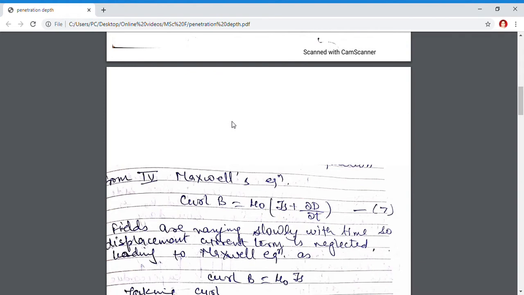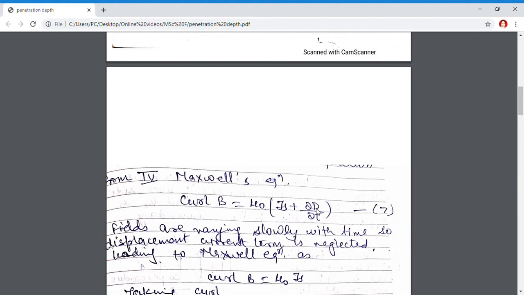For this modification, I am using Maxwell's fourth equation. Maxwell's fourth equation is curl B is equal to mu 0 Js plus del D by del t. Here del D by del t denotes the variation of displacement current D with respect to time.